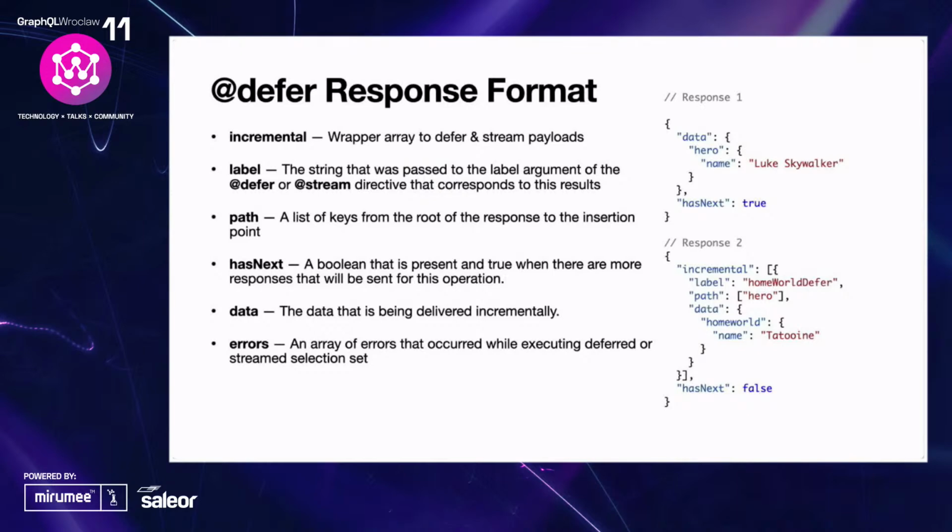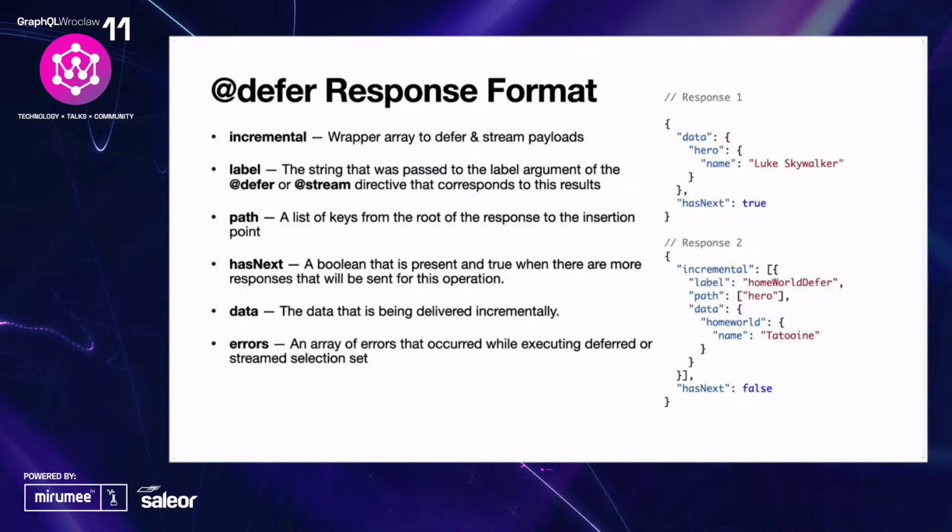Then inside the incremental array, there are these payloads for defer. That has the label property, and that's the same string that was passed to the label argument on the directive. And like I said, if your query has multiple defers in it, you can use that label to identify the payloads.